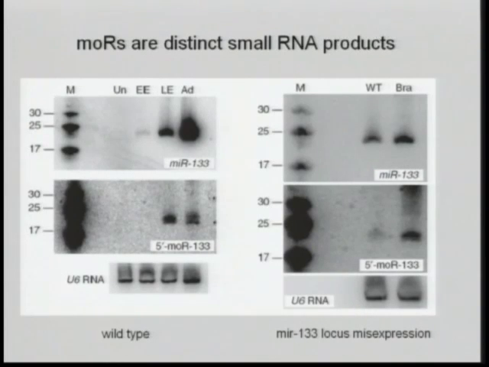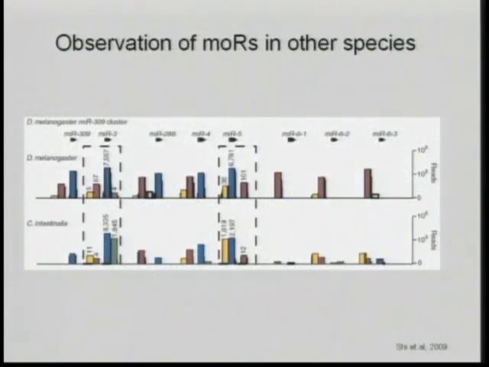Because these products are so abundant in Ciona, we reasoned that maybe you could see them in other species as well. During our study, another postdoc in the lab who studies Drosophila small RNAs was sequencing several libraries. In one particular microRNA locus consisting of 8 microRNAs, he also clearly saw this flanking product, the moR products.